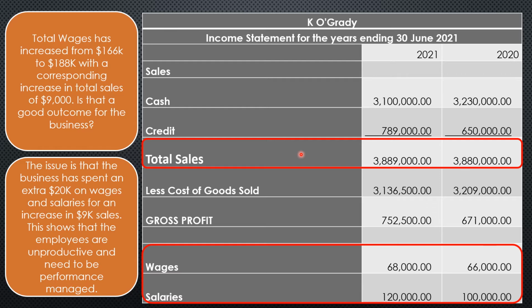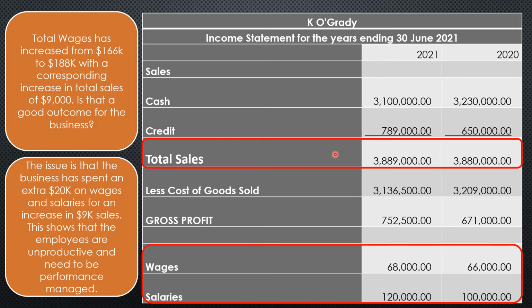Now, this shows that the employees are therefore unproductive and need to be performance managed. So, in other words, this increase in wages of approximately $20,000 should have given rise to more than just a $9,000 increase in sales. And therefore that difference of $11,000 has eroded the net profit of this business, which is a bad outcome for it.